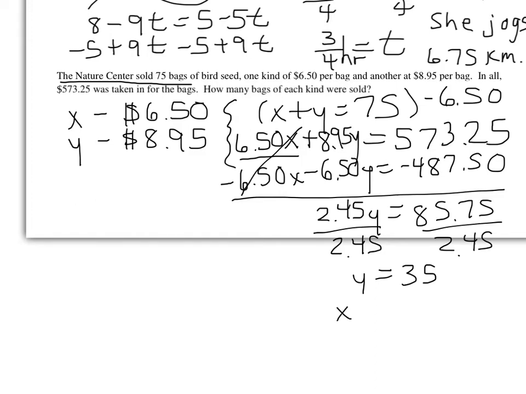We know that x plus y is 75, and since y is 35, how many bags of 6.50 birdseed do we sell? 40.